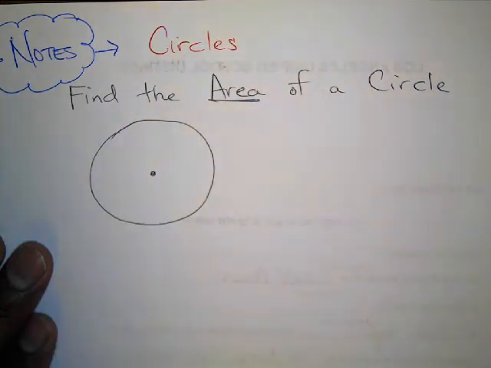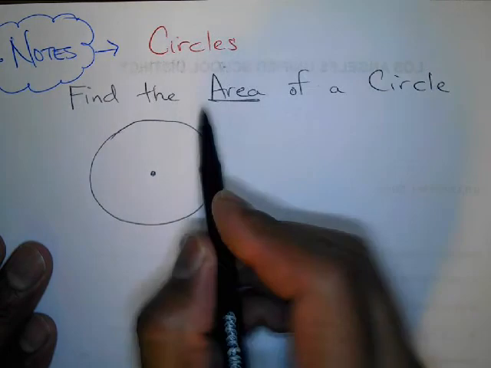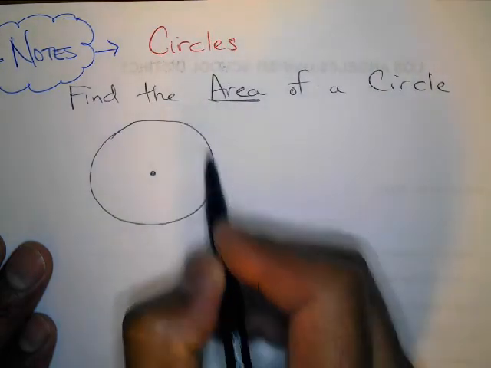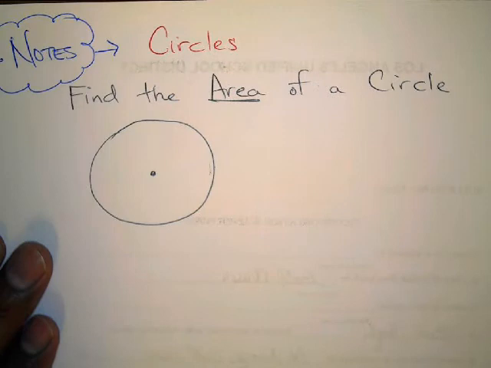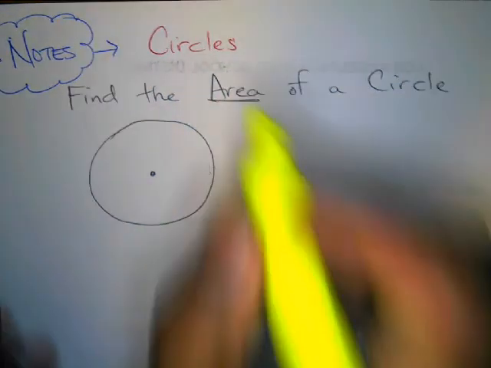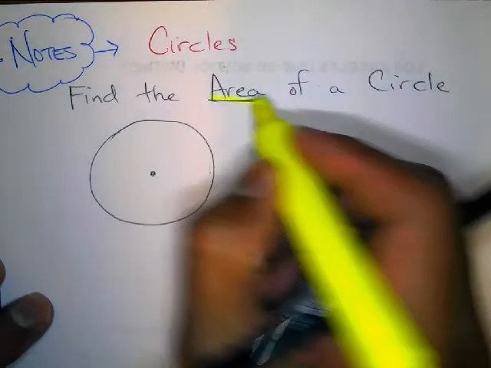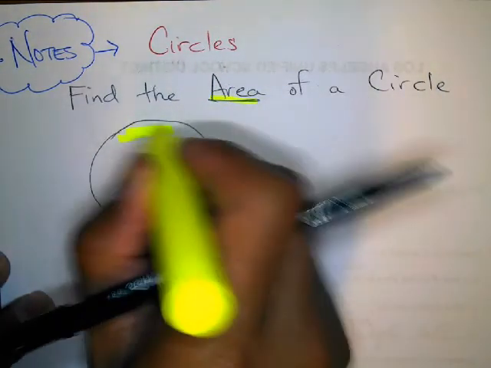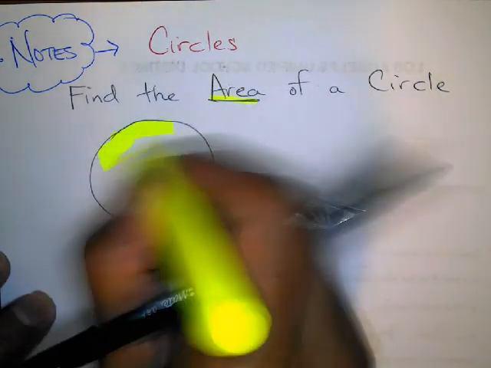We did circumference. We did arc length, where for an arc of the circle, you found the measure of the length of the arc. The area of a circle is actually the space that it all occupies. Like all this space that it occupies.